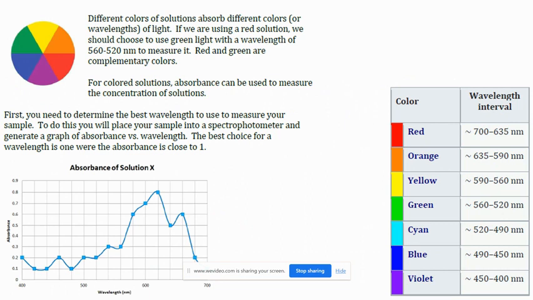So if you want to know the right value for absorbance, you've got to go on the opposite side of your color wheel. So if this is getting reflected, you want to try to find a wavelength that is in the orange band. Does that make sense? You're trying to figure out what's getting absorbed, and that's going to be on the opposite side of the color wheel.